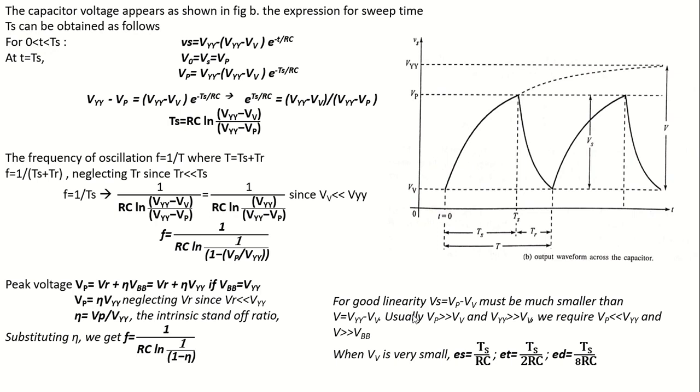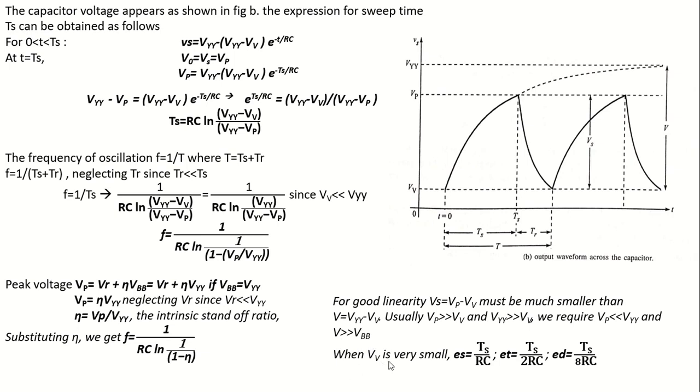For producing good linearity, the sweep voltage Vp minus Vv should be much smaller than Vyy minus Vv. Usually the peak voltage will be very much greater than the valley voltage, and similarly the supply voltage Vyy will also be very much greater than Vv. So we require Vp less than Vyy and Vyy greater than Vbb to produce a more linear signal.